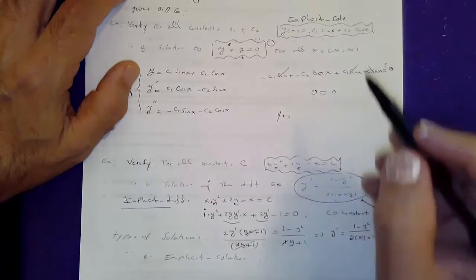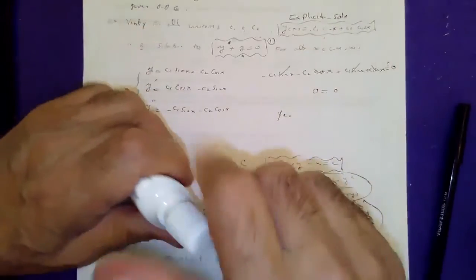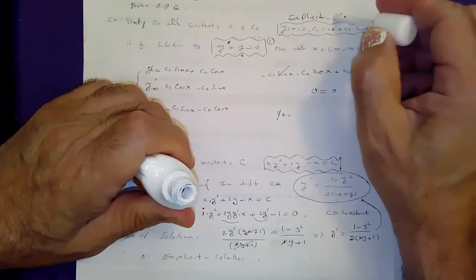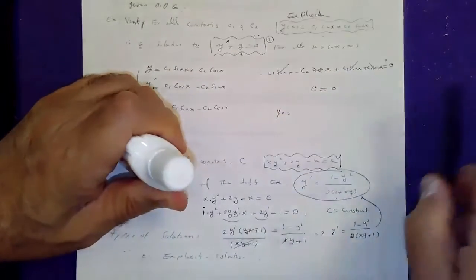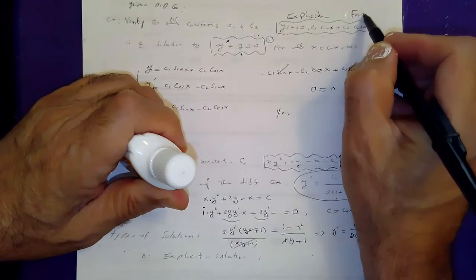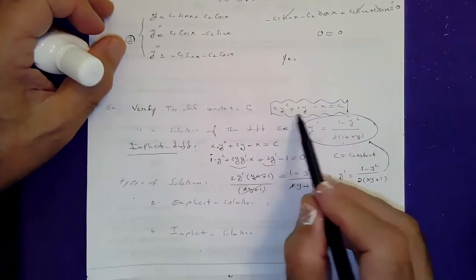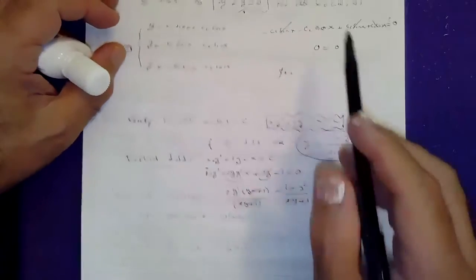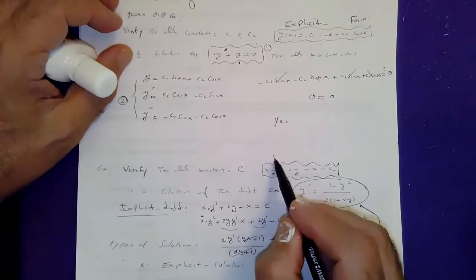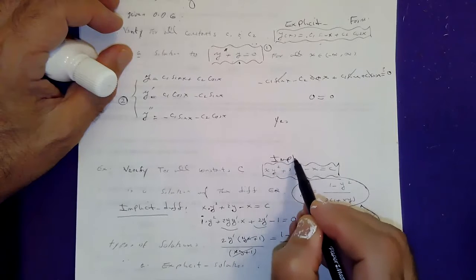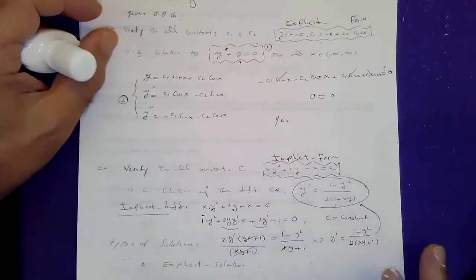The solution is in explicit form, I should say, not explicit solution, but explicit form. And the second solution here, even if you can factor out the y, there is no way I can isolate the y and write it on one side of the equation. So this form is called the implicit form of the solution.